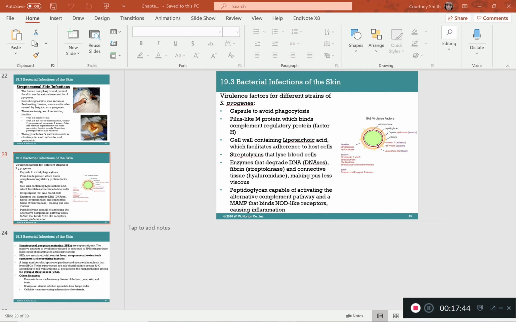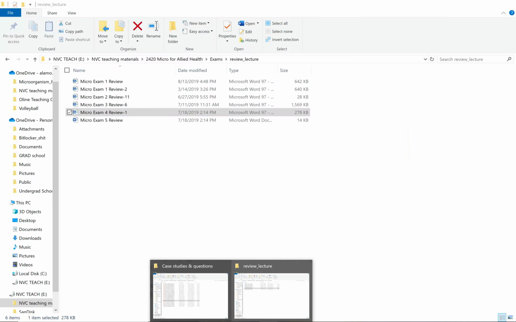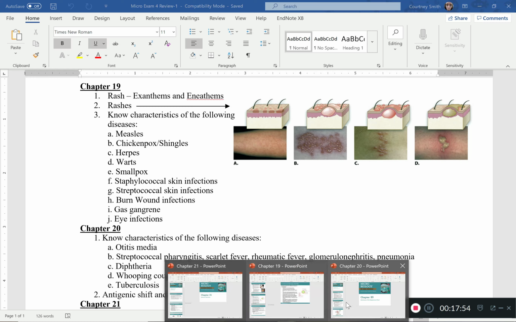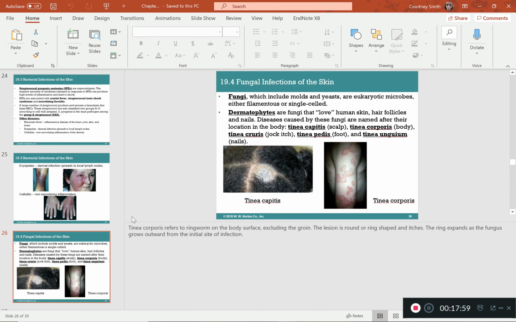Okie dokie. So let's also look at other ones. We have burns, gas gangrene, and eye infections. Okay, here are some burn infections. Burn wound infections, I definitely want you to know this, guys.